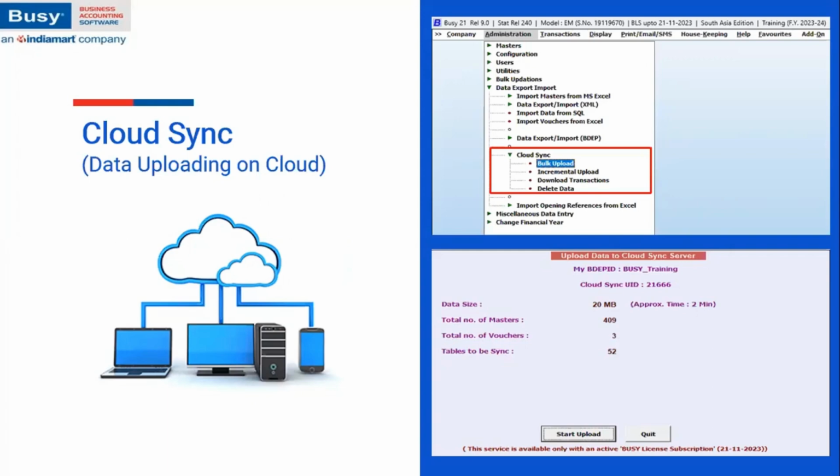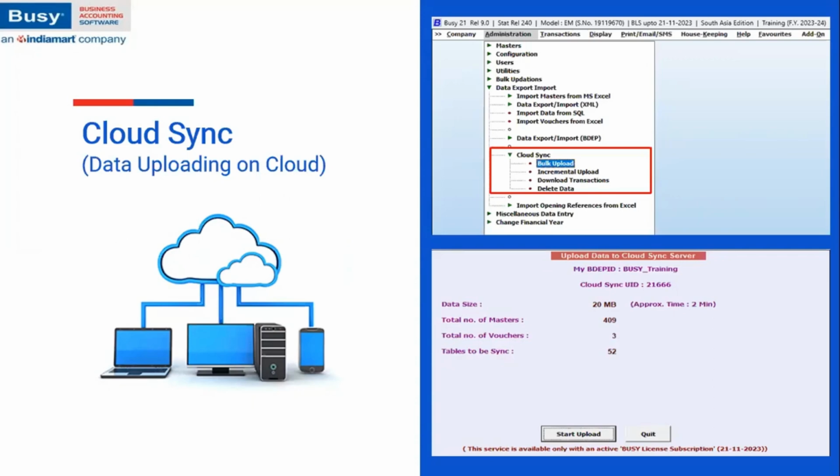Here the data size is showing 20 MB, and the approximate time is 2 minutes. Based on the data size, Busy shows you the approximate time to sync the data. If the data size is more, it shows more time. Normally, in Busy, even if the data size is more than 1 GB, you are able to sync the data to the cloud.